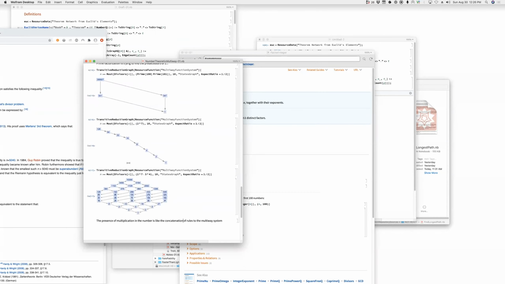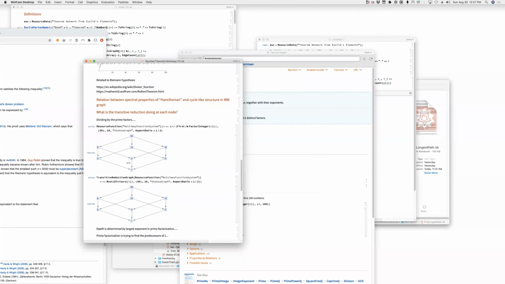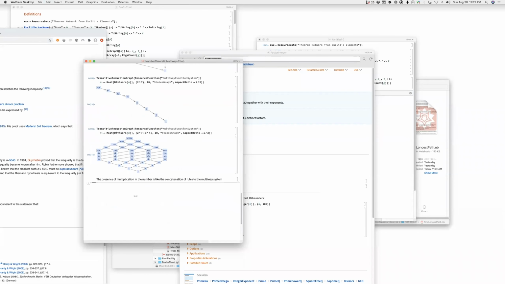I understand. All right, let me just get my function that does this one here. Okay, so all right, let's go here. Evolution causal graph.